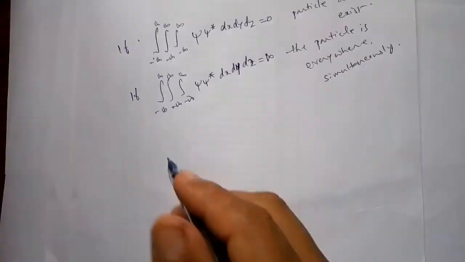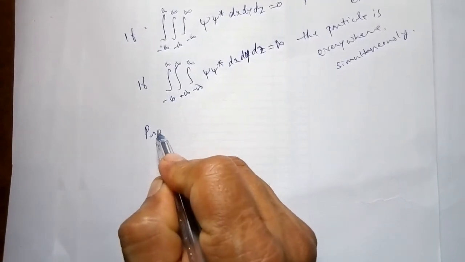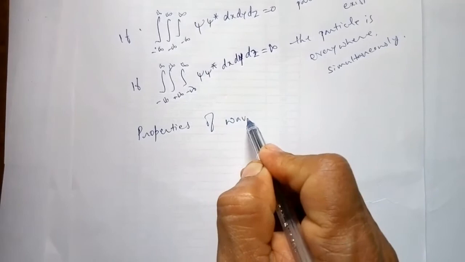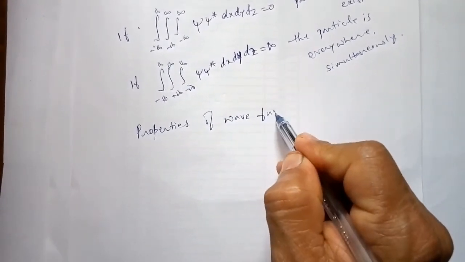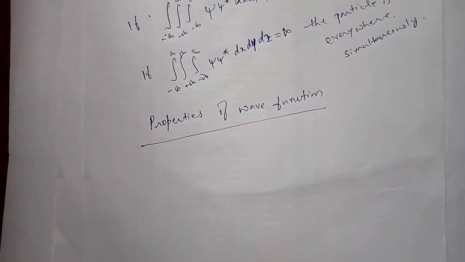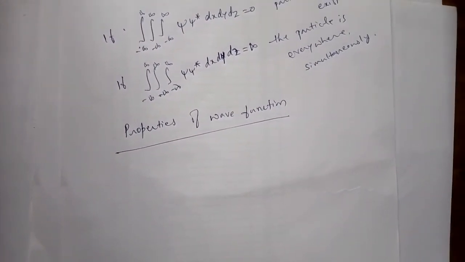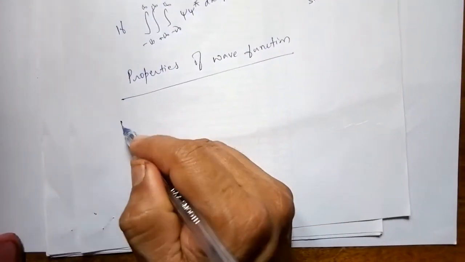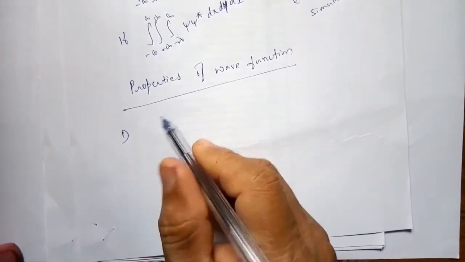So let us try to understand the properties of the wave function, also called the conditions for well-behaved wave functions. There are mainly 3 properties for the wave function.